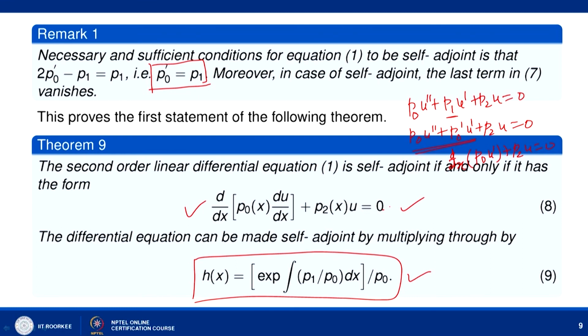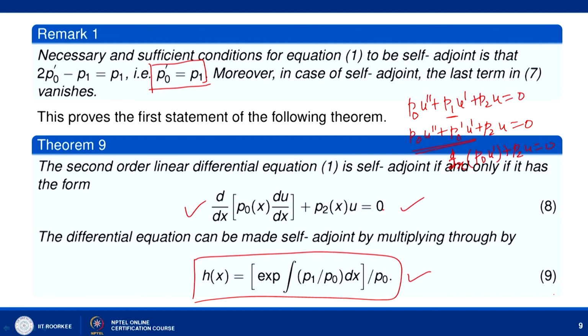If it is not given in self adjoint form, then we can always multiply by this function, which we denoted as equation number 9. We can make a linear differential equation into a self adjoint form, so from now onward, without loss of generality, we can always consider that a given second order linear differential equation is in self adjoint form.